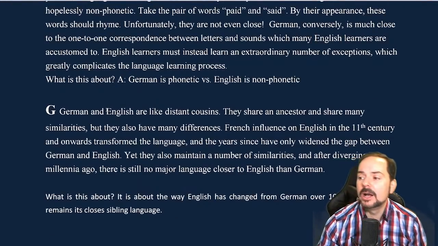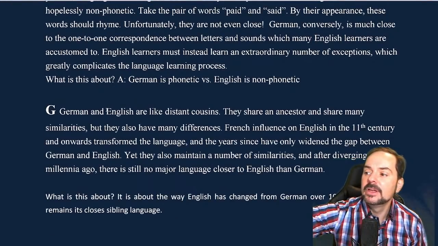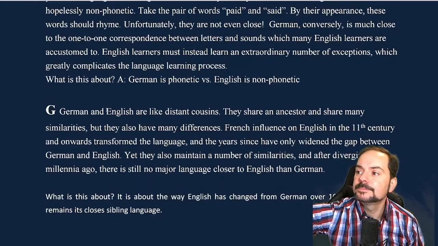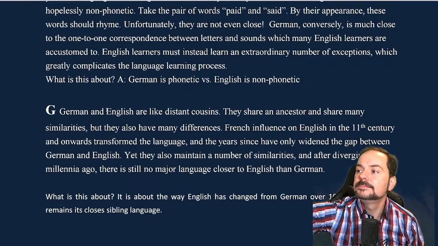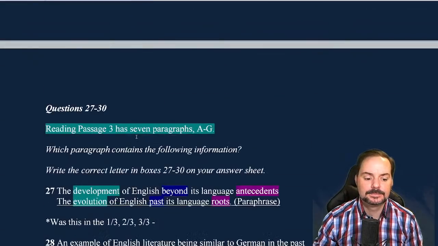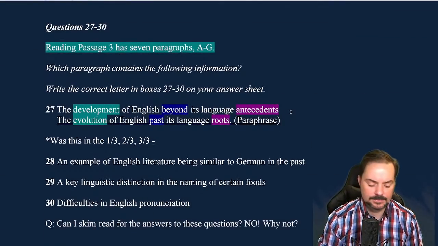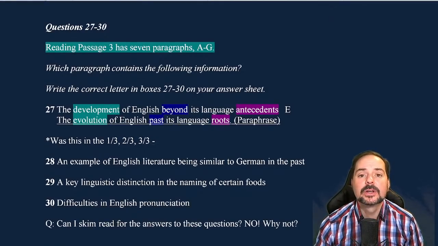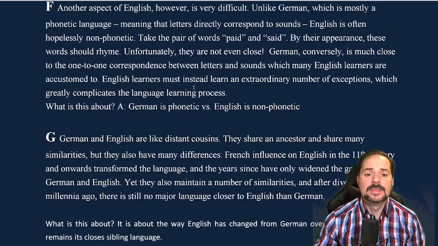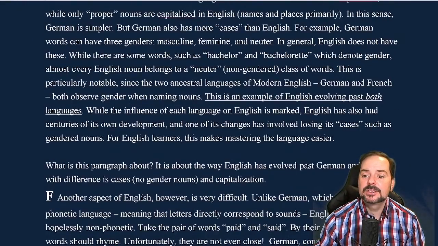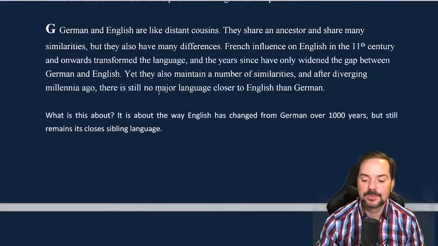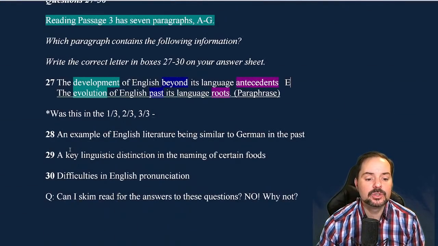So here, the answer is paragraph E. Does everybody get that? All right, let's go to the next one, 28.